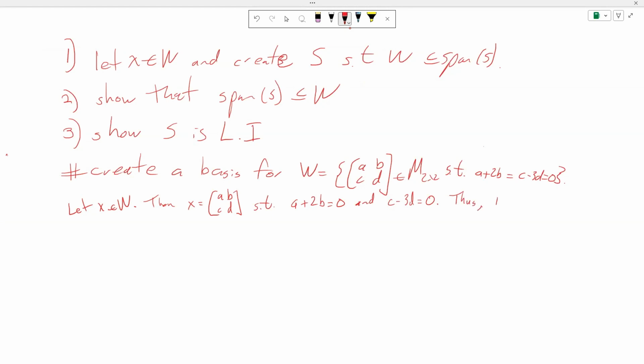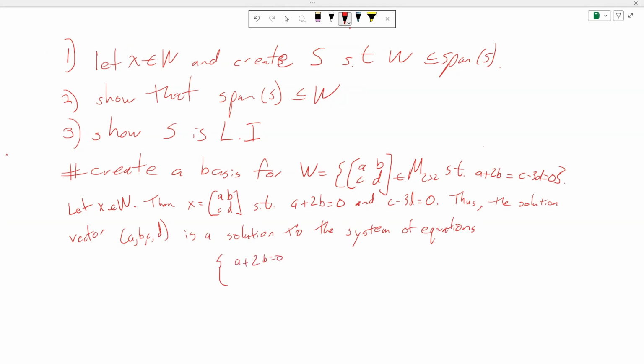So the solution vector (a, b, c, d) is a solution to the system of equations a plus 2b equals 0 and c minus 3d equals 0.